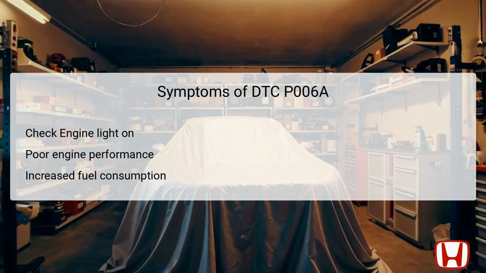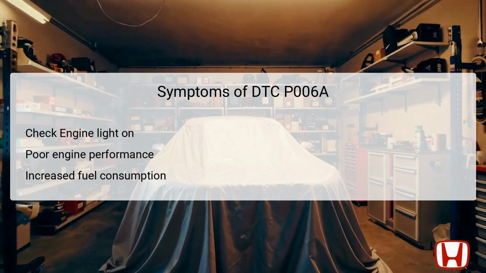Symptoms associated with DTC P006A generally manifest as noticeable changes in the vehicle's performance. Most commonly, the check engine light will illuminate, indicating that there is a fault detected within the engine management system. Drivers might also experience poor engine performance, which may include sluggish acceleration, loss of power, or irregular engine idling.